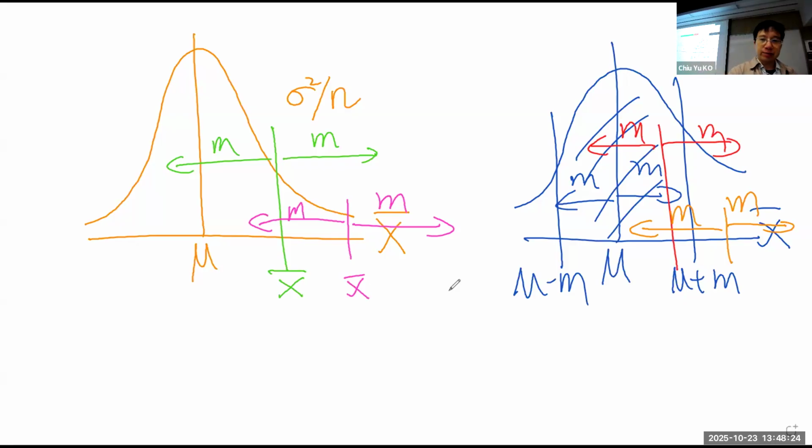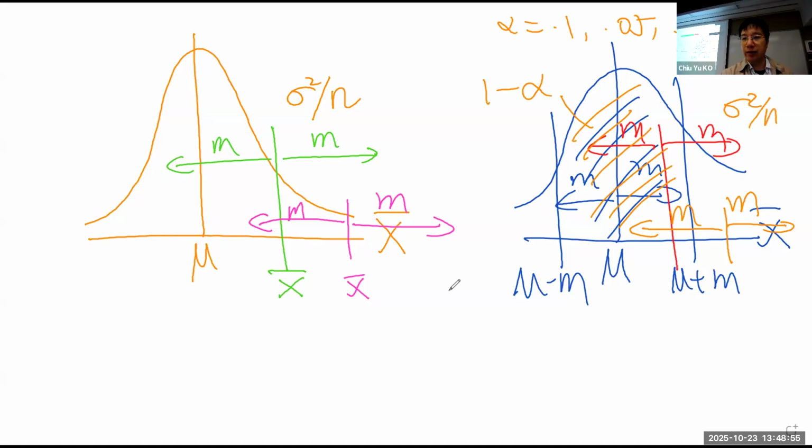So what I want is this area to be large enough, and I use 1 minus alpha to represent big enough, and alpha is often a small number like 0.1, 0.05, or 0.01, which represent 99% of the time it is there, or 95 or 90. And if we know the variance is sigma squared over n, what is the m here?